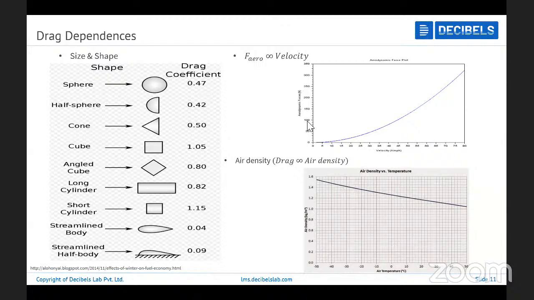Does the material used for the body affect it? I don't know much about material, I don't think it does. The next question is about aero force, if the surface is very smooth. As I was mentioning, if the surface is smooth, it affects your aerodynamic force in a positive way, and your drag coefficient will be very less.